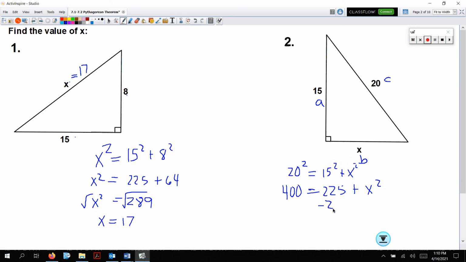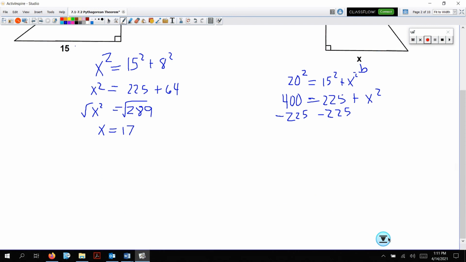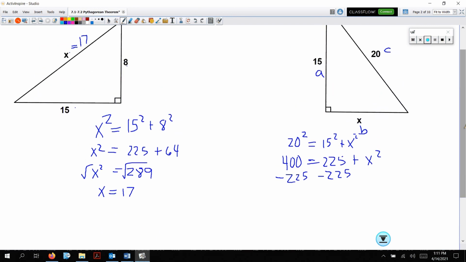Now we have to subtract 225 to get x squared by itself. And that's going to give me 175, I believe, equals x squared.